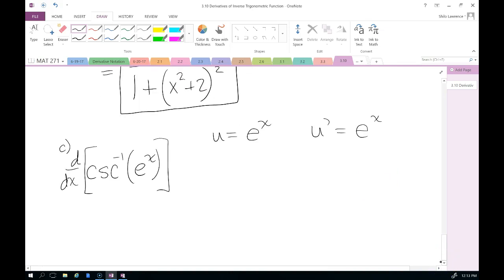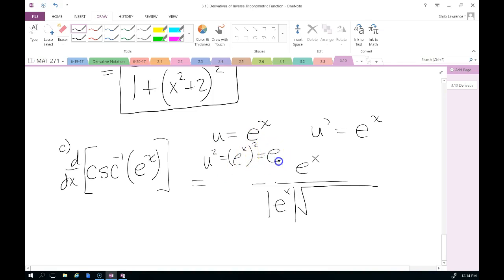The formula for cosecant inverse is negative u prime over absolute value of u times the square root of u squared minus 1. Here u squared is e to the x squared. When you have something that already has a power and you raise it to another power, those powers get multiplied. So this is e to the 2x, and we're going to have e to the 2x minus 1.